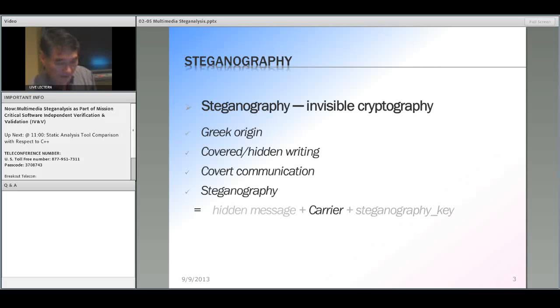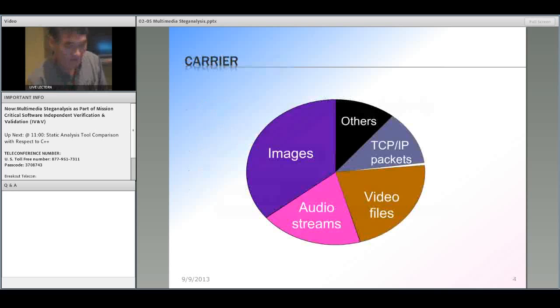All right, I think everybody has heard about this one. We started thousands of years ago. Hidden writing or cover writing to achieve covert communication. In the internet age, the secret contents can be carried by any media that is digital in nature.